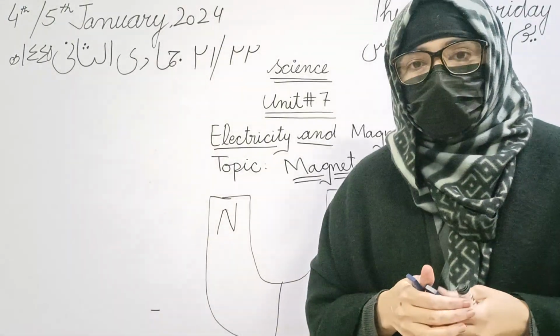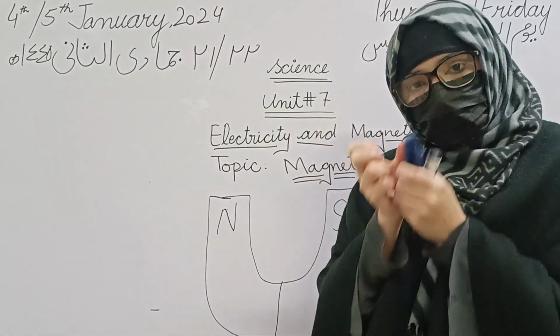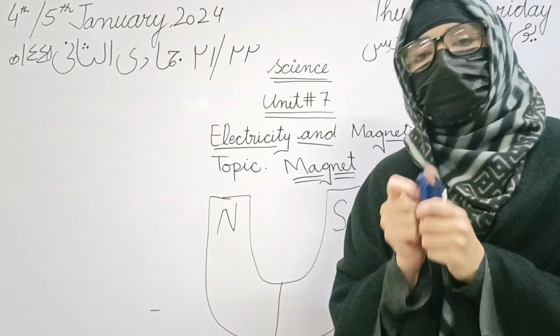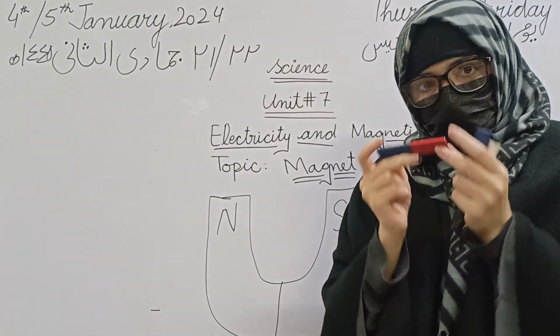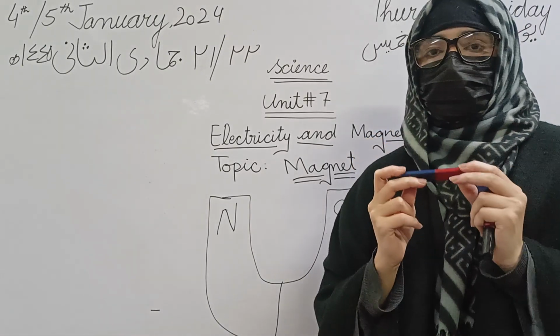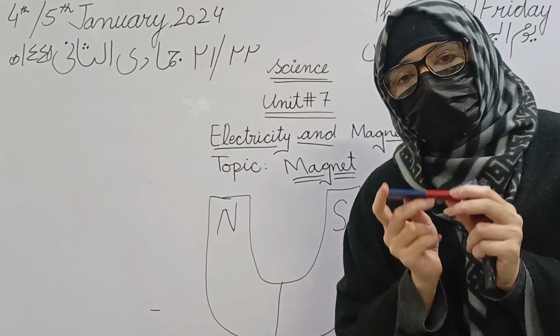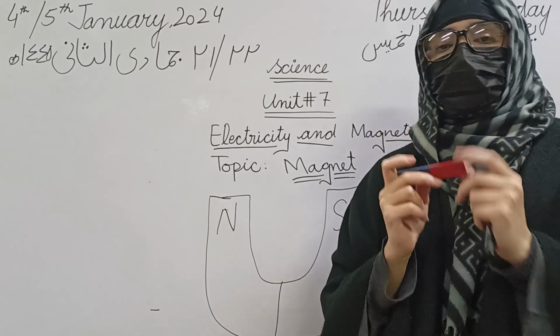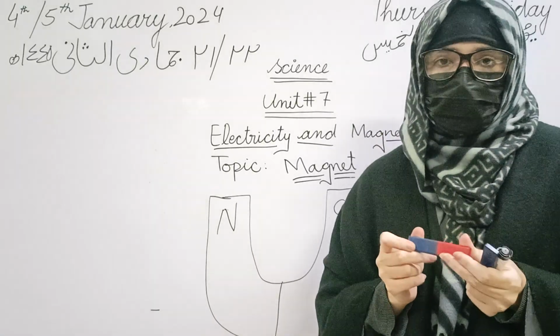What is the meaning of attraction? To attract some specific bodies, some specific objects towards ourselves. That's the property of a magnet. At the same time, a magnet also has a property to repel specific objects, right?